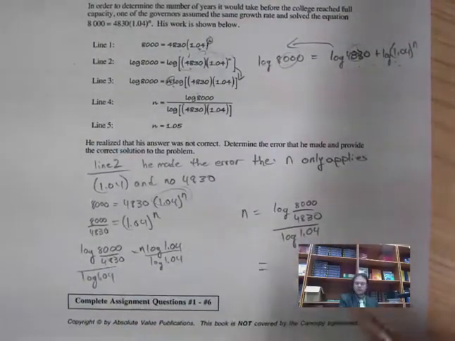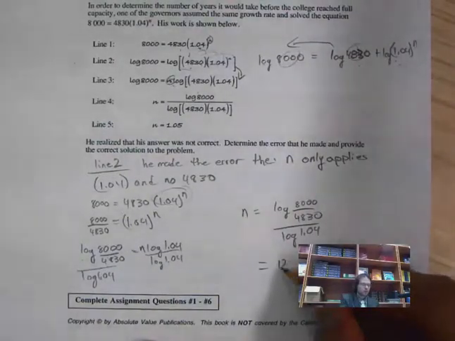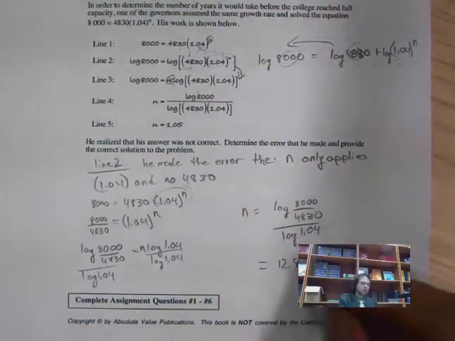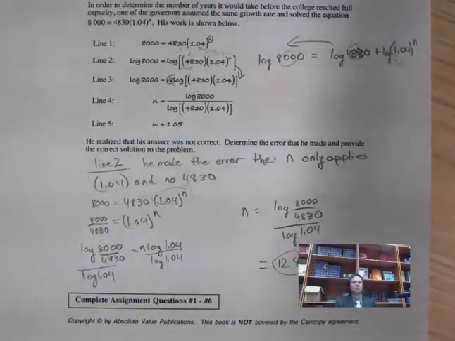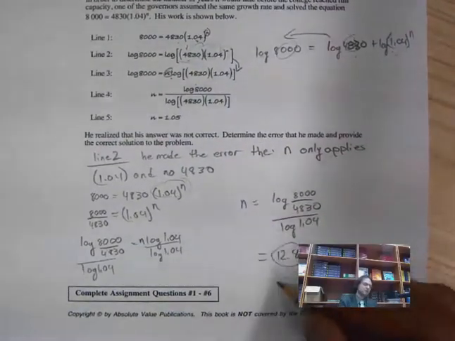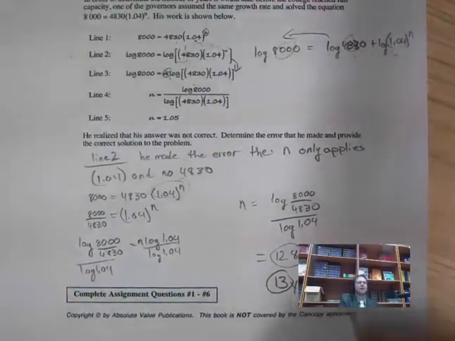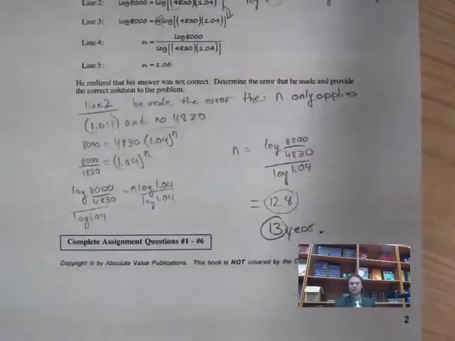And we plug that in my calculator, I'm going to get 12.8. Okay? So if I say 12.8 years, well, it'll be on the 13th year they're at max capacity. So on the 13th year, they will be at max capacity. Does that make sense? Hopefully. Okay.